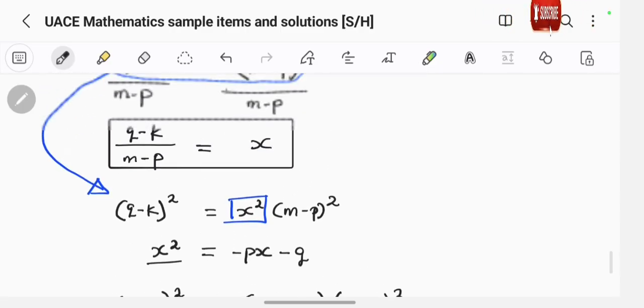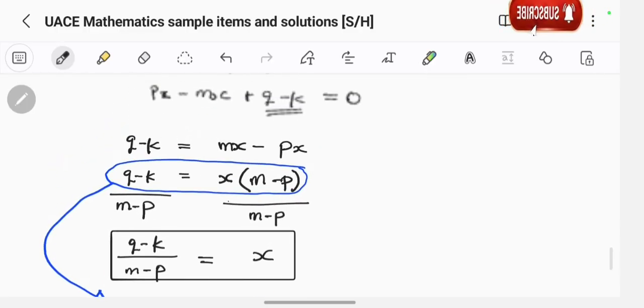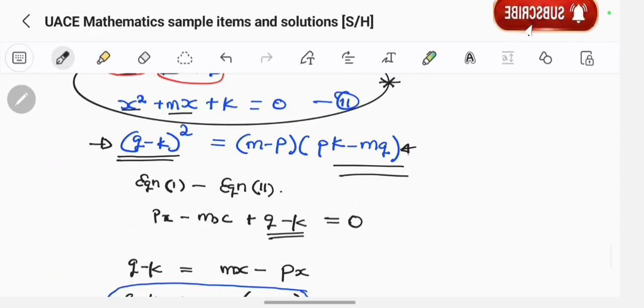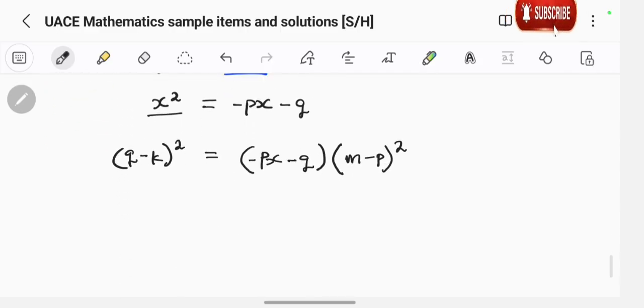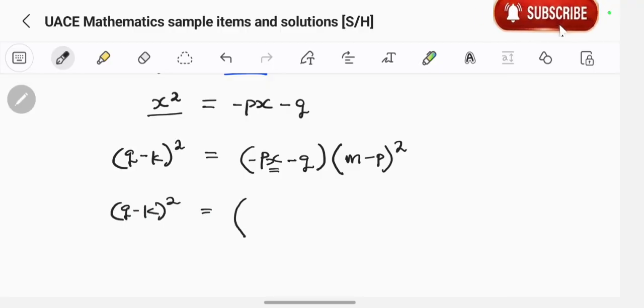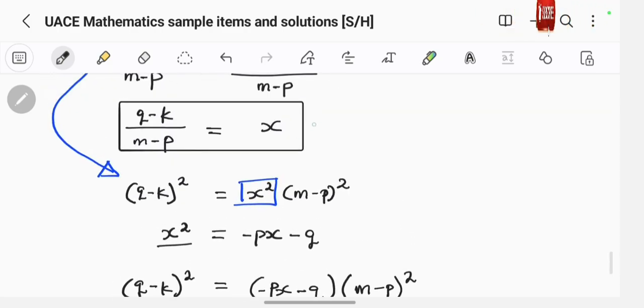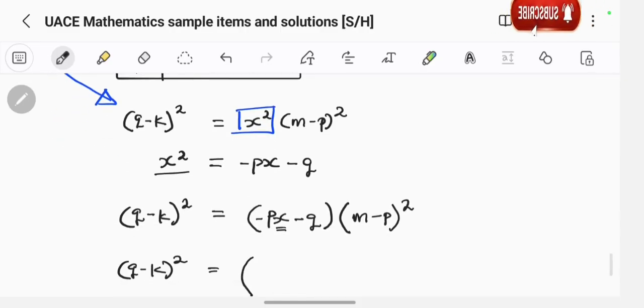Then where we are going, there is no x. In this expression, we don't have any x. So I have to look for ways of substituting this x and eliminating it.